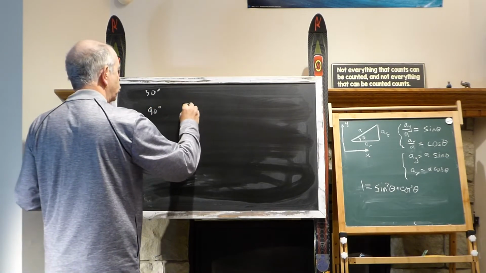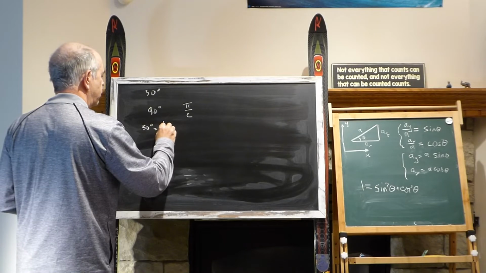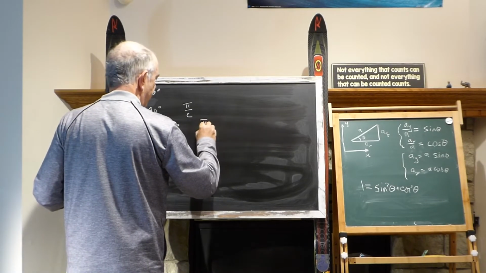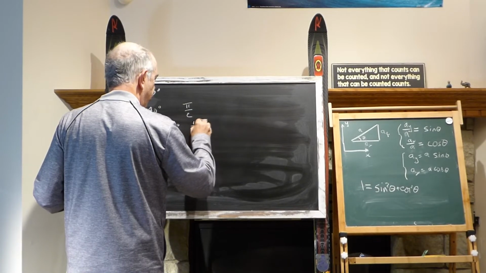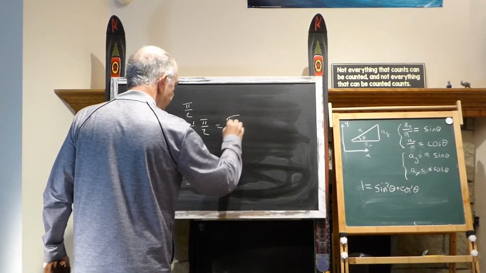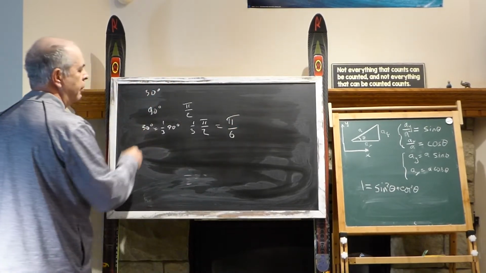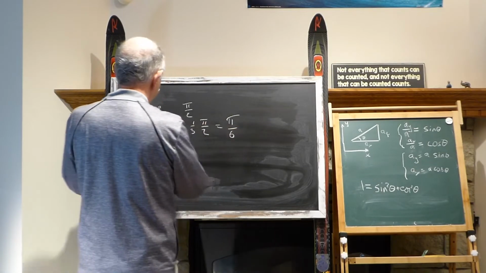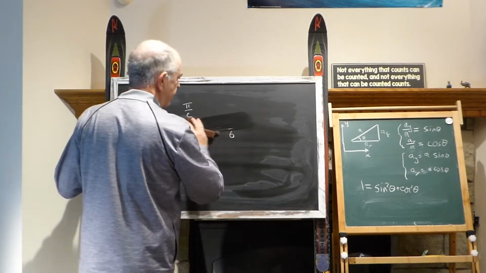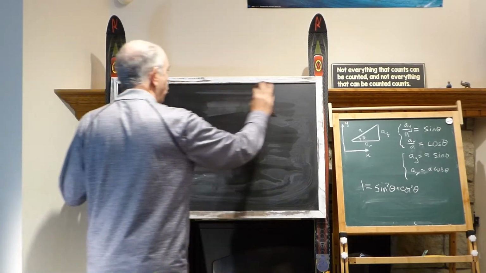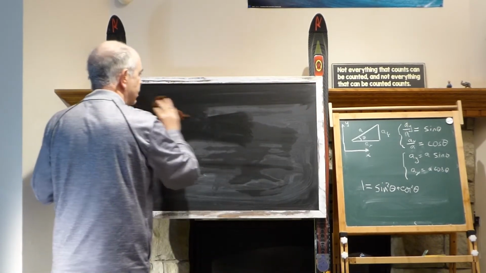But 30 degrees is 1/3 of 90. So it means 1/3 of pi over 2, and this is pi over 6. It's the same as 30 degrees. So when I talk about pi over 6 or 30 degrees, it's the same angle measured either in radians or in degrees.